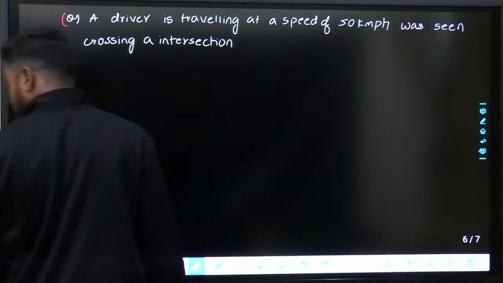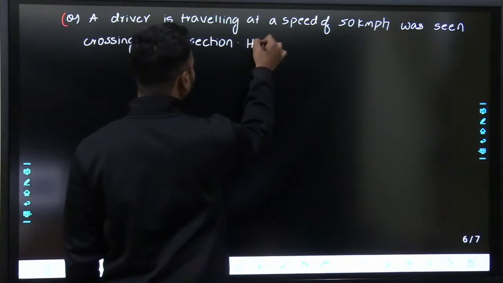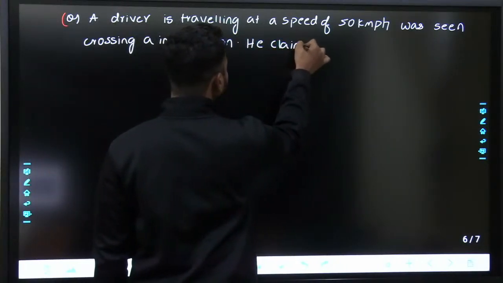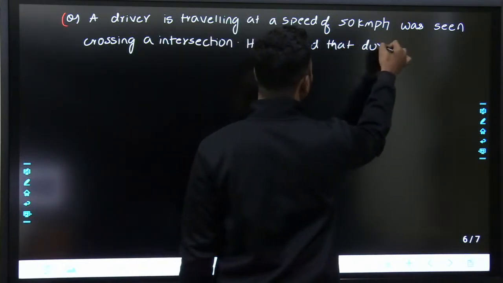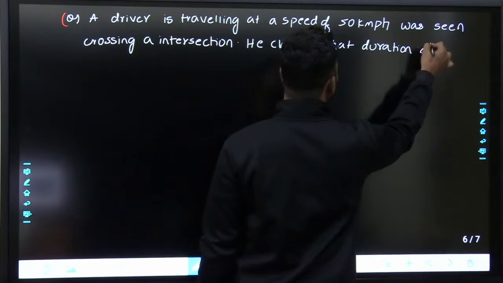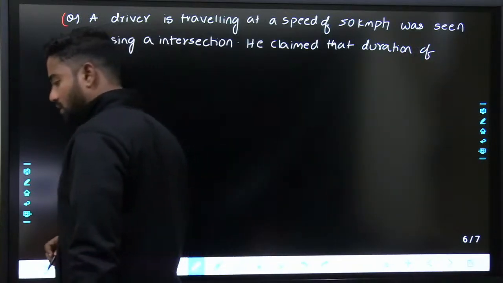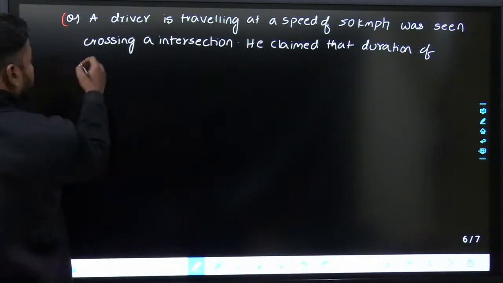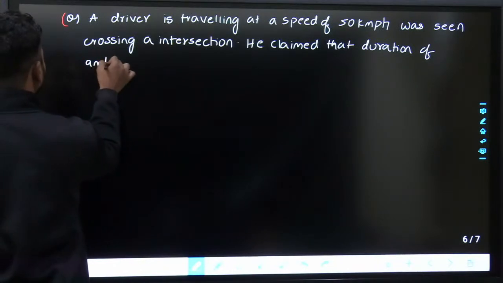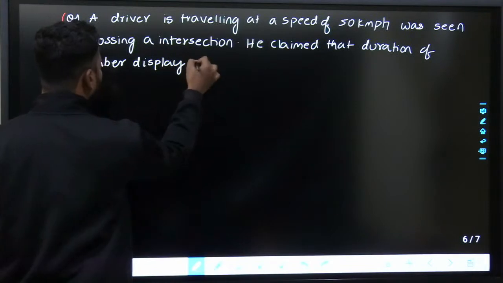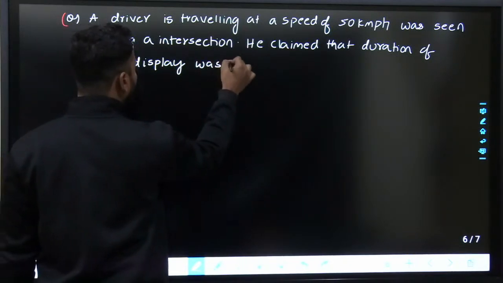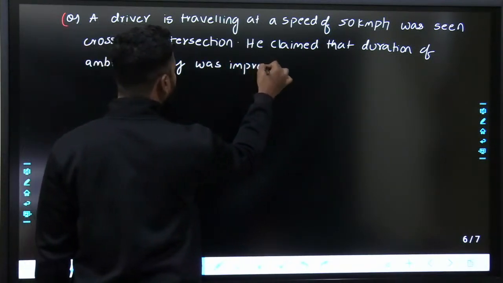He claimed that the duration of amber display was improper.